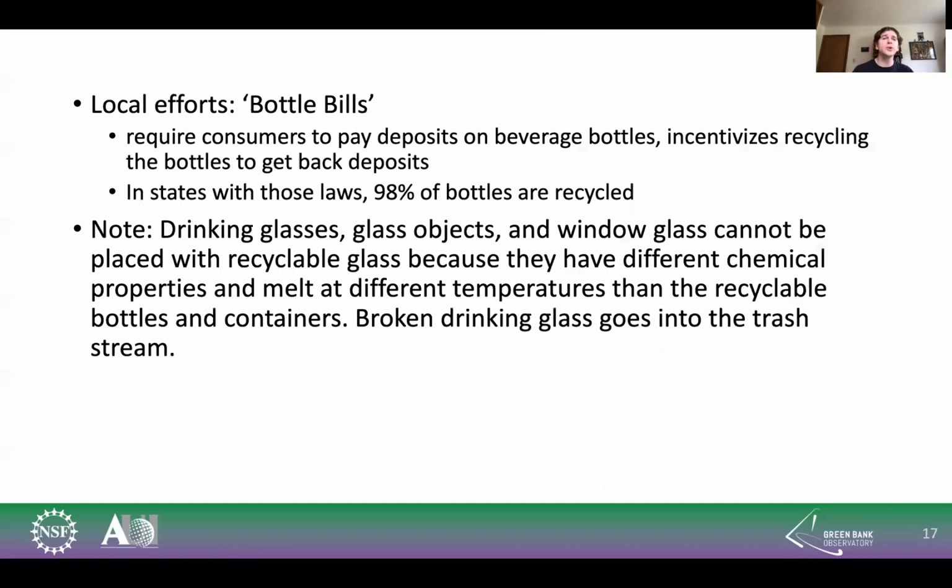And one final thing to note about glass recycling is that things like drinking glasses and plates, personalized glass objects, and window glass are a different type of glass than your common bottles and jars and cannot be thrown into the bin with those other glass recyclables. They have different properties, and thus they need to, when available, be recycled in different ways.